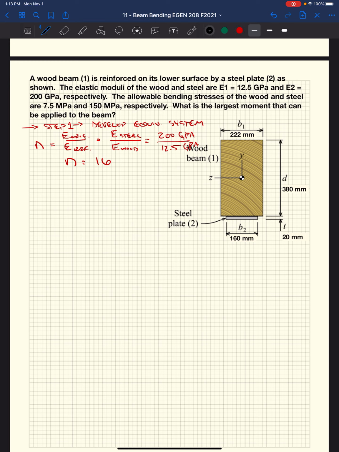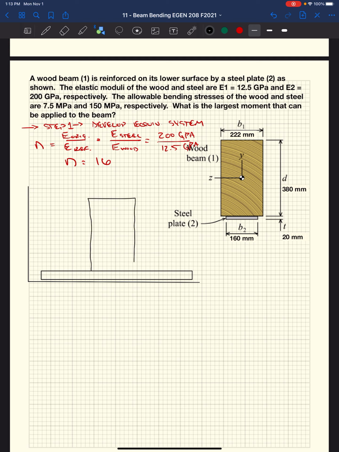So now we need to make ourselves a new cross section. So this is what our new cross section is going to look like.